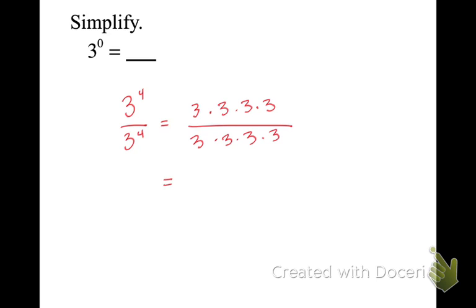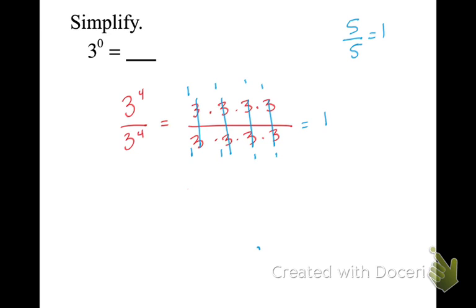Now let's cross cancel. Any number over itself equals 1, right? So I can divide a 3 out and a 3 out, and I'm left with 1. Same thing here. And when I add those all up, don't we get 1?